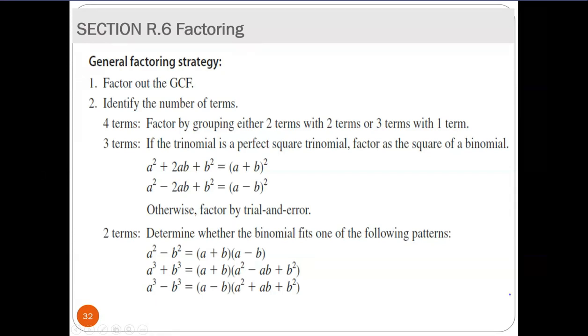The factorization, in general, factoring: if you have many terms, for example, the first term plus the second plus the third term, we must put it as a product of 2, 3 brackets. 1, 2, 3 brackets.